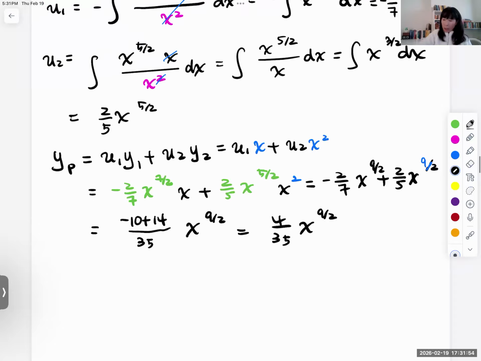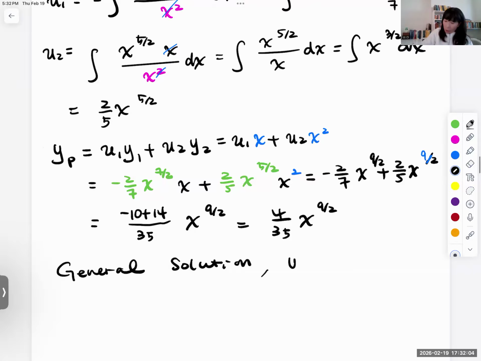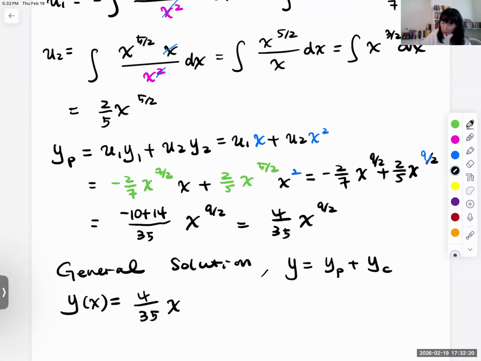Yeah. Okay, now the general solution. We have y equal to the particular solution plus the complementary solution, right? So there will be the last one, 4 over 35 x to the 9 over 2.